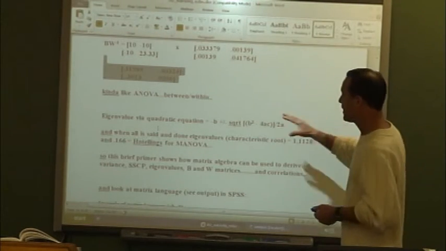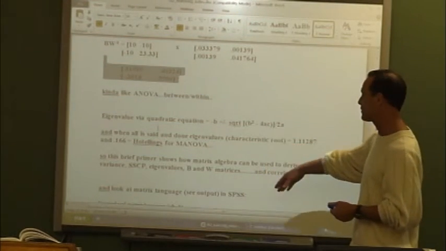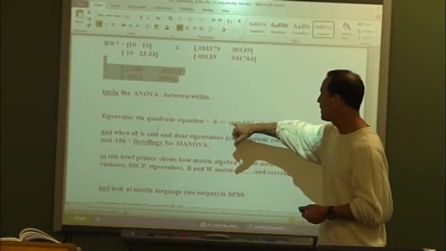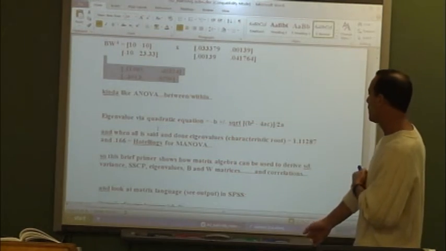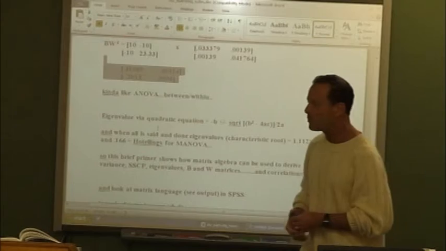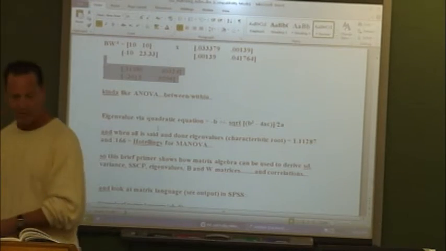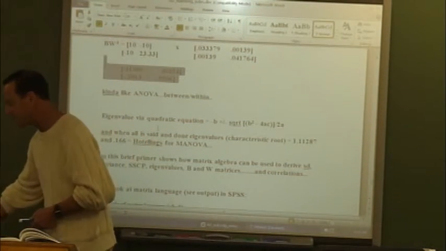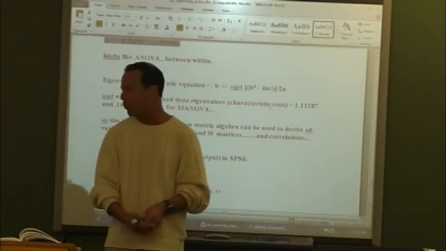You do not in any way have to worry about this. The questions on the test on matrix algebra will be very basic. When all is said and done, you get a 1.13, 0.166.